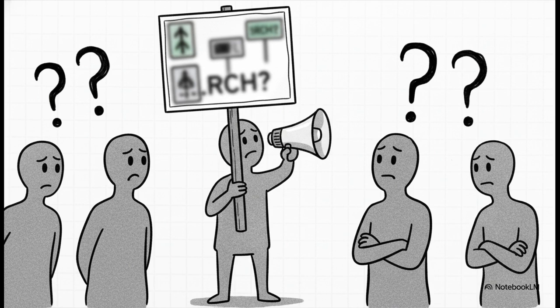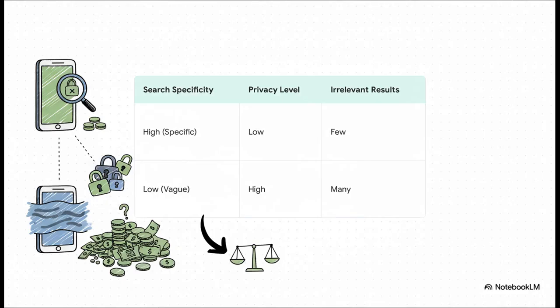Instead of asking for one address, it asks for any transaction that matches a general pattern. This is like our tourist asking a local, excuse me, are there any streets around here whose name happens to end in UNCHH? And this is where it gets interesting, because the user gets to make a choice. You can tune this filter. If you make the filter very specific, you'll get accurate results, but your privacy is low. If you make it very vague and fuzzy, you get great privacy, but your phone has to download and sort through a bunch of extra irrelevant transactions.